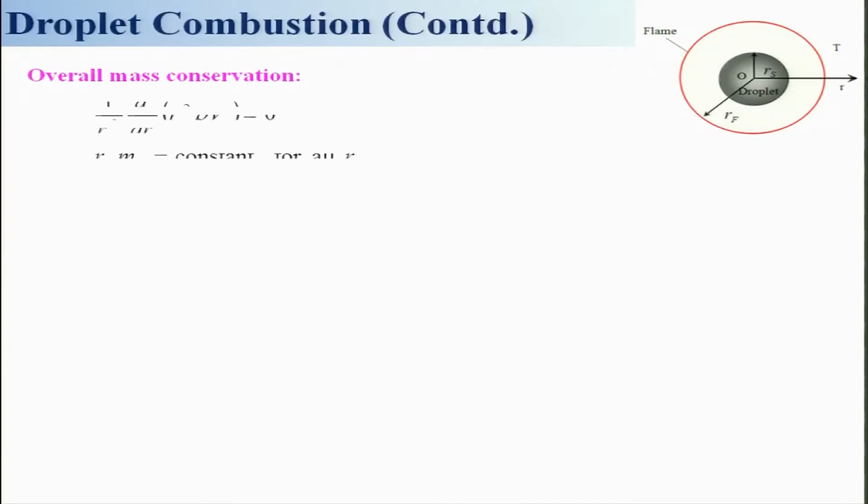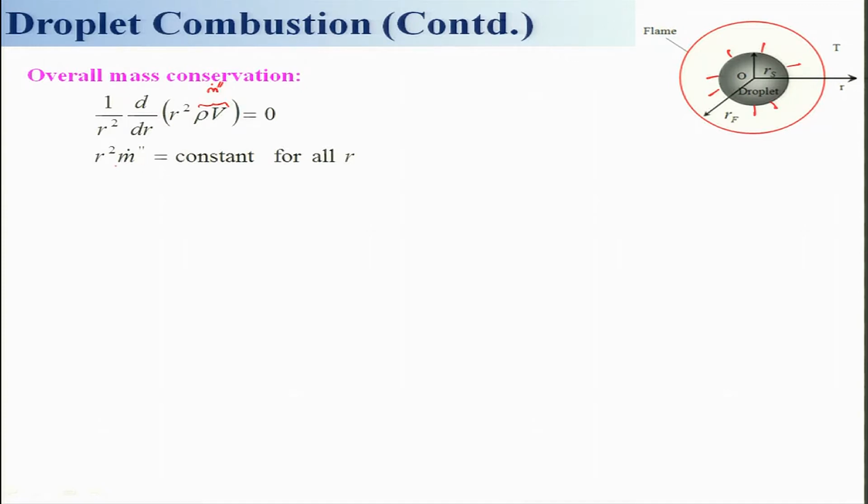And the overall mass conservation equation, as we are taking a steady process, the time derivative will be 0, and then we get 1 over r square d by dr of r square rho v. What is this term, can anybody tell me? This is nothing but your mass flux, right? How much mass is moving out per unit area, the fuel mass going out.